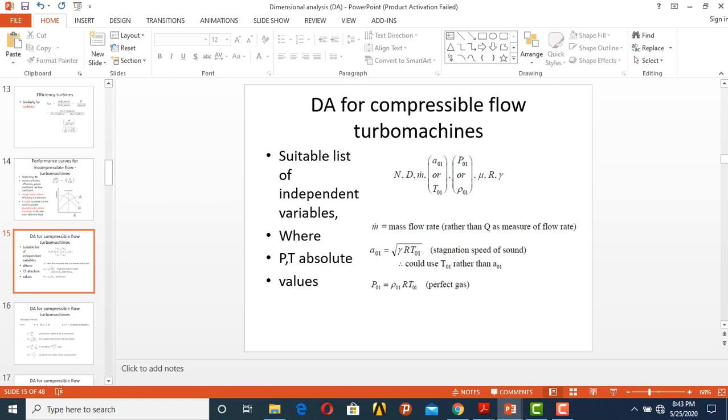And for the density, instead of using density, we are going to use the mass flow rate, and these other parameters will still be maintained. So we will see that the specific energy, especially for compressible flow, is replaced by the pressure ratios, and the flow coefficient is represented by the mass flow coefficient.